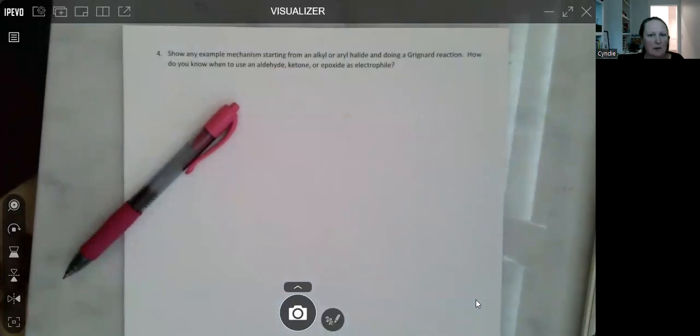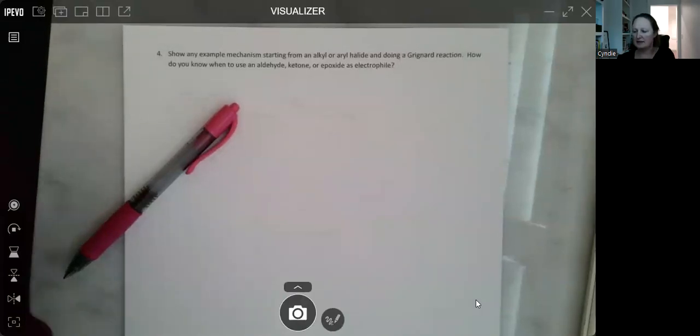Show an example mechanism starting from an alkyl or aryl halide and doing a Grignard reaction. How do you know when to use an aldehyde, ketone, or epoxide as electrophile? Well, we really talked about how you know which one to use in a previous question. Let me see what question that was.